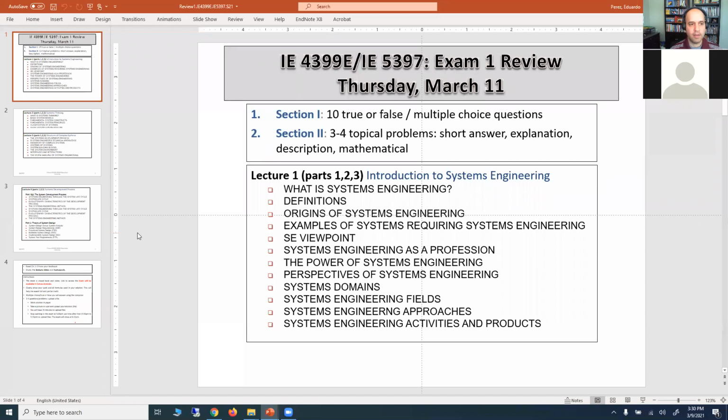The idea of the review is just to go over the format of the exam and also go over the topics that were covered during this first part of the semester. And then finally, we are gonna talk about the instructions on how to access the exam, how you're gonna submit your answers, and how much time you're gonna have to complete the process. So that being said, let's get started.